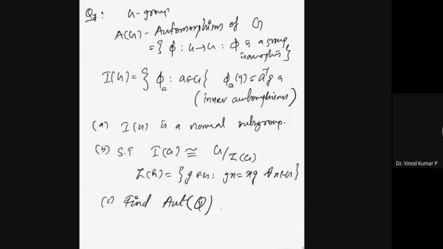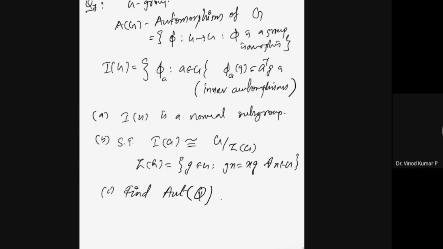Okay. So A of G denotes all automorphisms, I of G denotes inner automorphisms, and the question is to show that I of G is a normal subgroup.